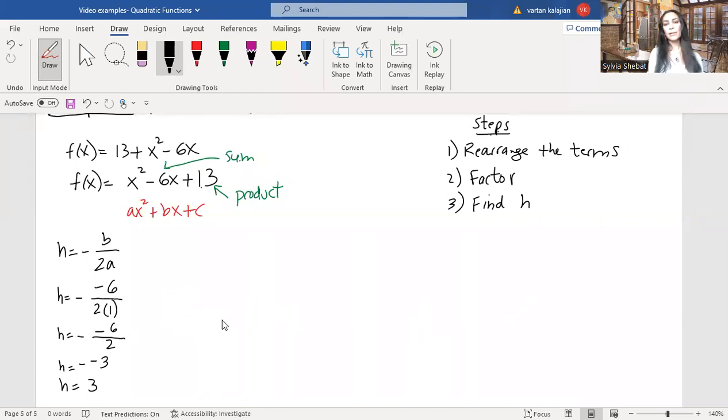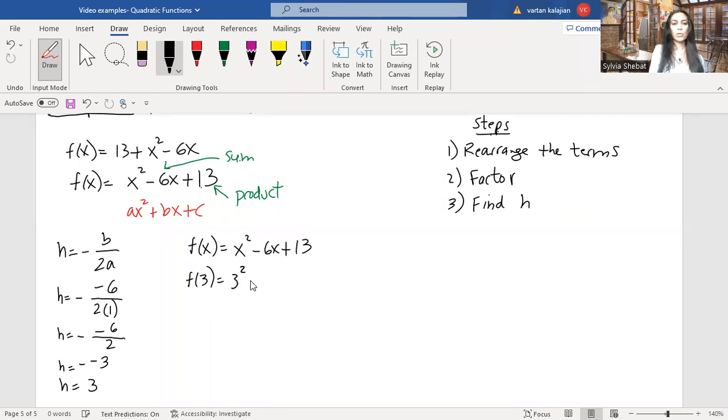So are we done yet? Not quite. So now we need to find the k, the second part of the vertex. To find the k, all we need to do is plug the 3 back into the function. Now I will rewrite the function that we were dealing with right here. So now we're going to do f of 3 and plug in 3 wherever we see x.